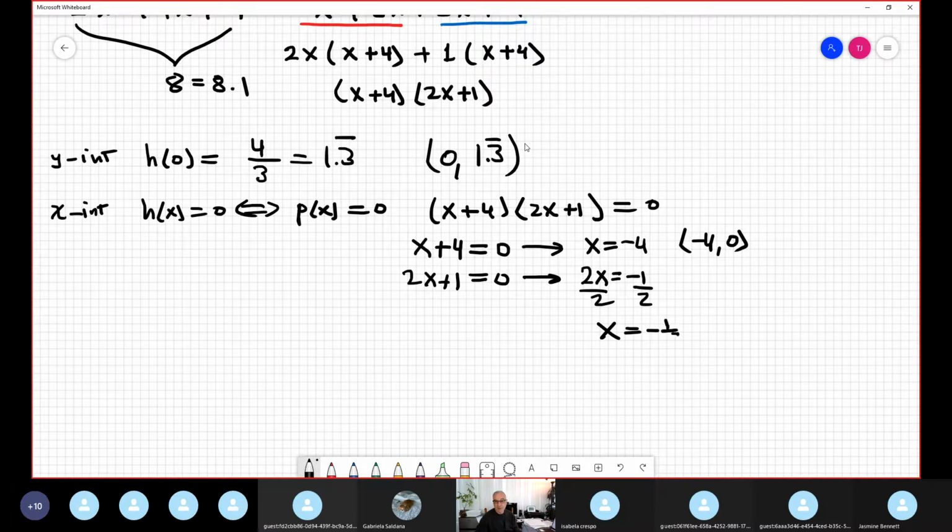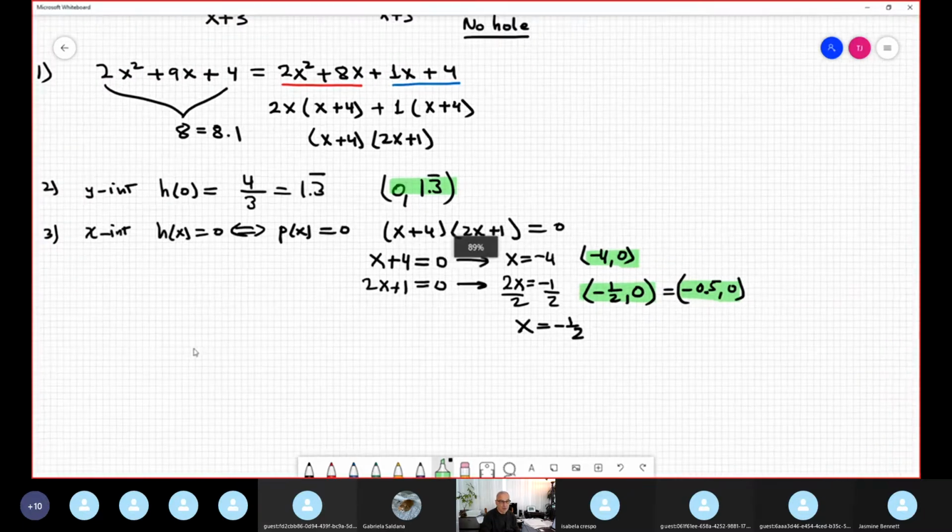And the point is (negative 1/2, 0), or (negative 0.5, 0) in decimal. Good. How many points do we have at that moment? We have 1 here, 2, 3. 3 points.